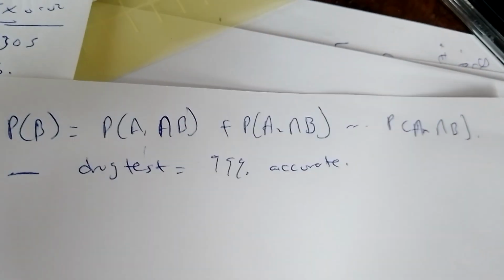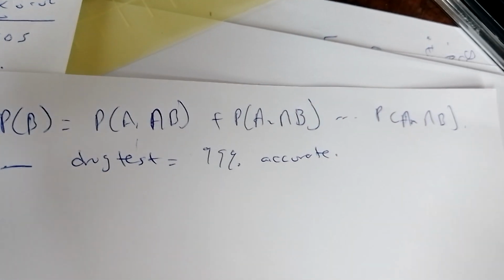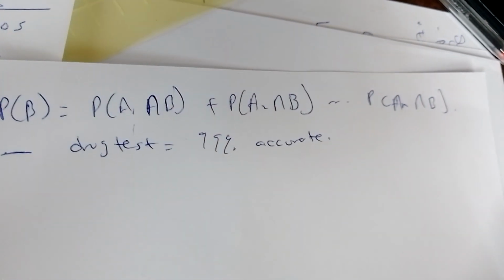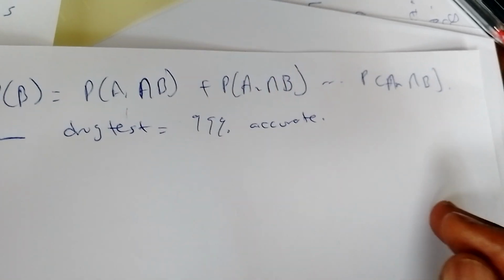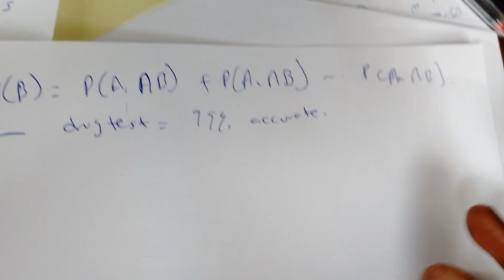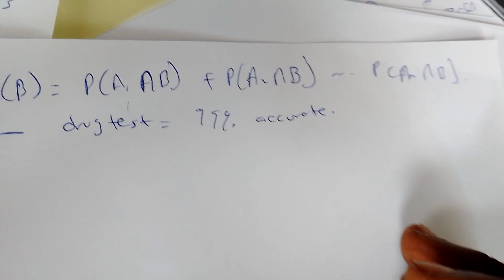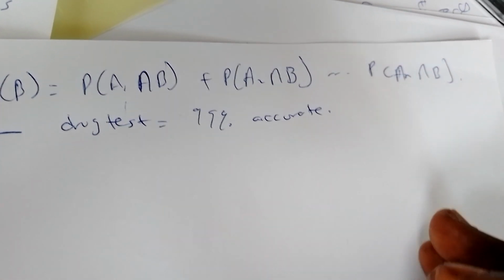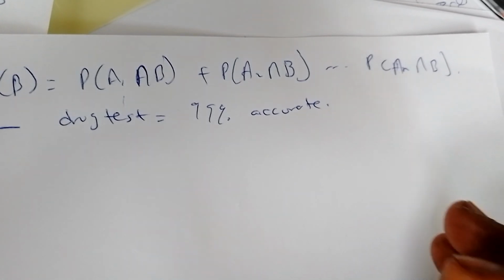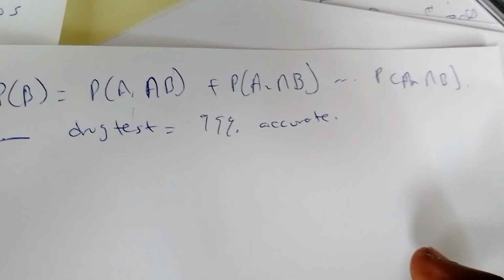So that means that if you're a user, it will identify you 99% of the times, and if you're not a user, it will identify 99% of the times. Now this would seem to be a relatively accurate test, but Bayes' theorem reveals a potential flaw. Let's assume a corporation decides to test its employees for opium use, and 0.5% of the employees actually use the drug.